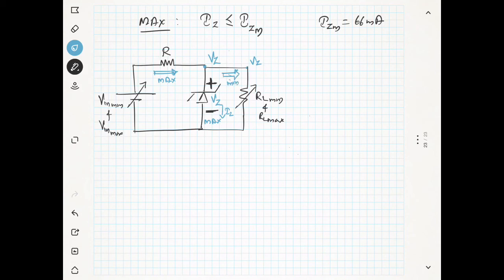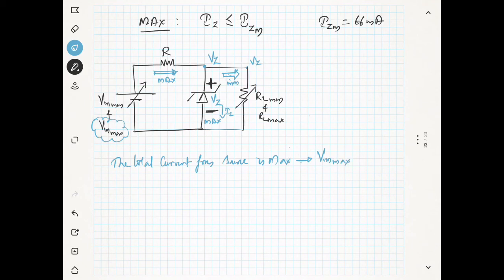So the total current from the source is maximum. When will that happen? The current coming from the source will be maximum when the input is maximum, so that means Vin maximum.